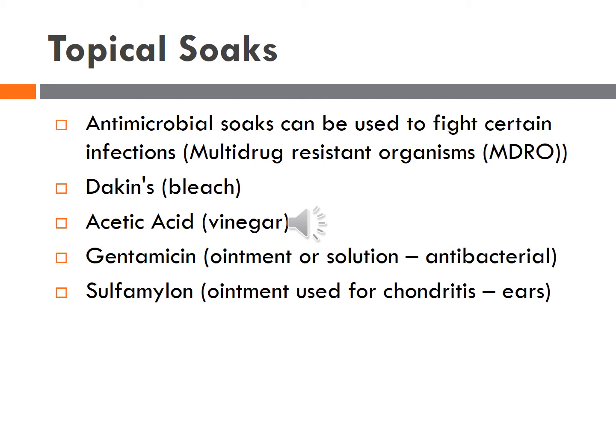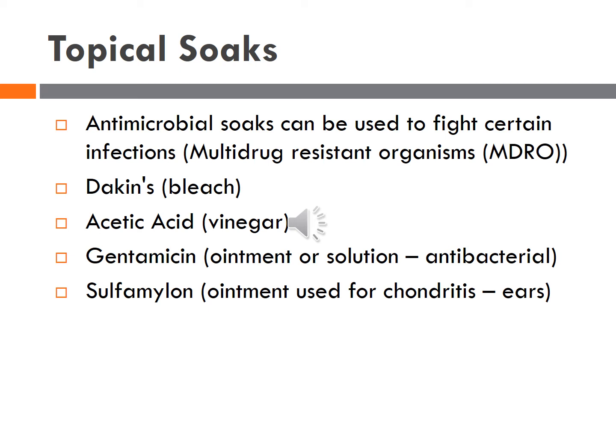Antimicrobial soaks can be used to fight different infections, such as an infection with a multi-drug resistant organism. Examples of these would include Dakin's solution, which essentially is medical bleach, acetic acid, which is vinegar, gentamicin, which is an ointment or can be a solution, and this is just an antibacterial topical solution, or Sulfamylon.